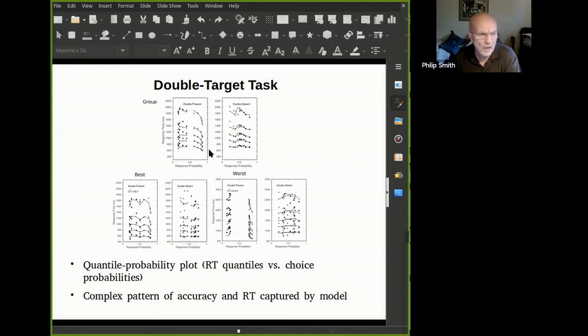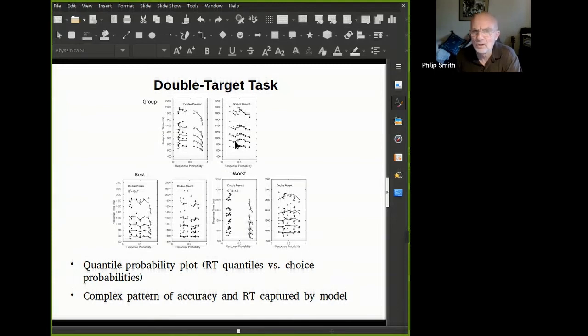I don't want to say a lot about this other than to point out that the model is doing a fairly reasonable job of picking up what is a very complex, an atypically complex, pattern of data for a two-choice decision task.